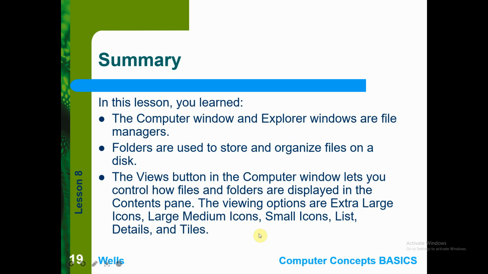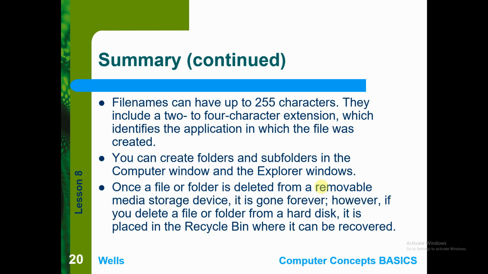Also have the list, details and tiles. So file names can be up to 255 characters. They include a 2 to 4 character extension, which identifies the application with which the file was created. And then you can create folders in the computer window and Explorer's window.